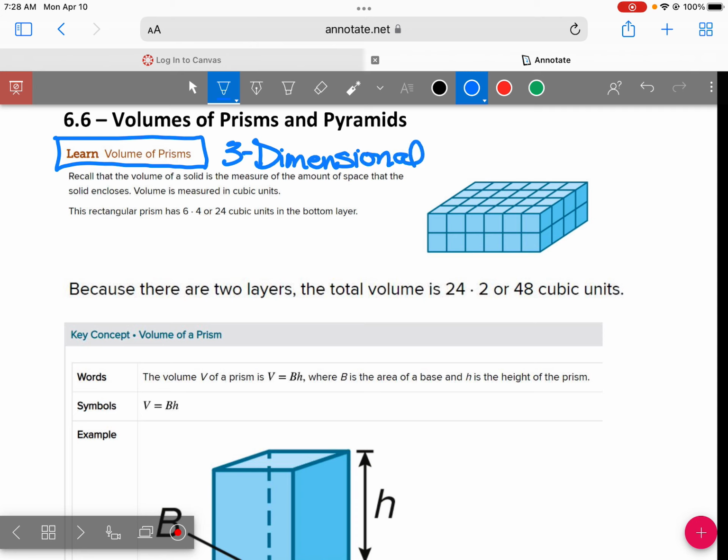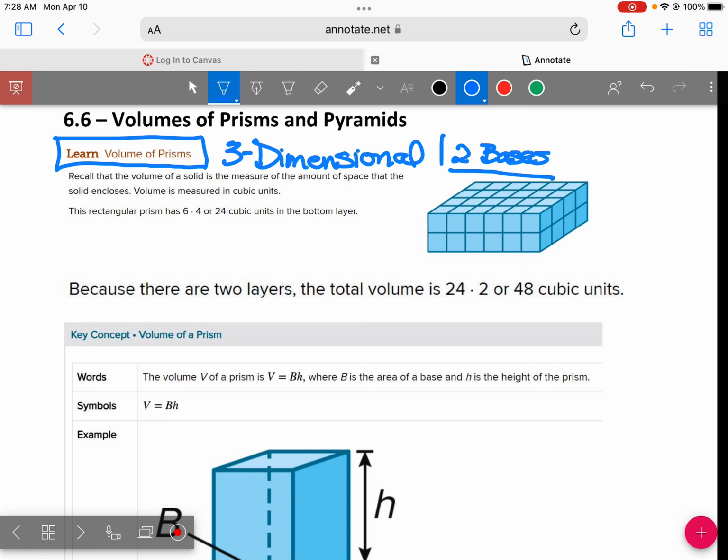How many bases does a prism have? 2. It has 2 bases, a top and a bottom, that look exactly the same.